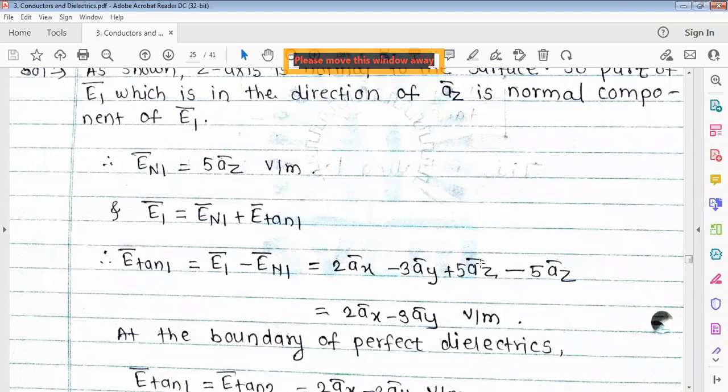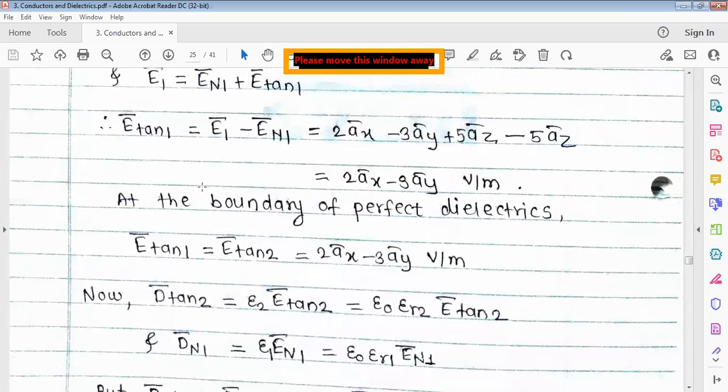This is already given in the question, and minus this En1 bar. The normal component is in the z direction, therefore it is minus 5 A bar z. So the 5 A bar z terms cancel, and the tangential component of E bar is equal to 2 A bar x minus 3 A bar y, in volts per meter.